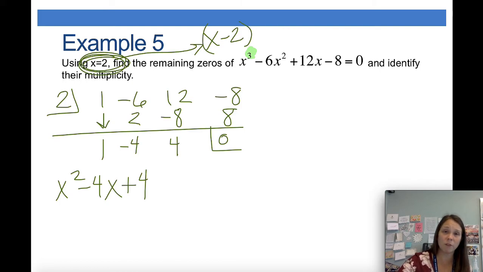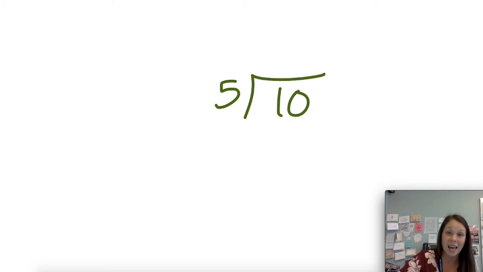So I want you to think for a moment, and yes, I know we're going aside from the problem, but if I gave you 10 divided by 5, we all know that that's 2, right?